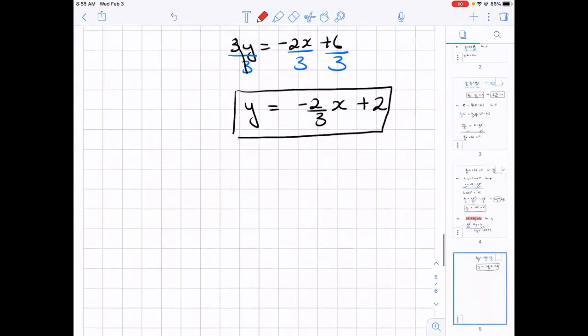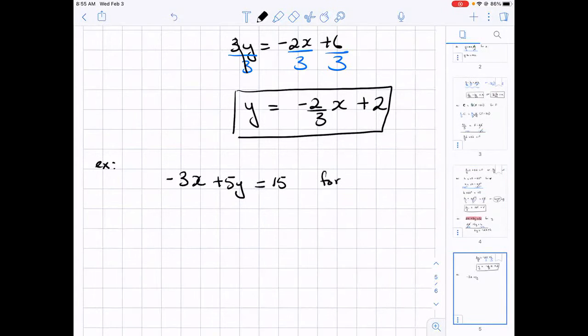Let's look at another equation before we close off this topic. Example, if you're given minus 3x plus 5y equals 15 and you're asked to solve for y.